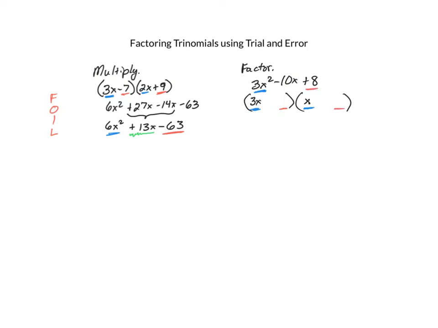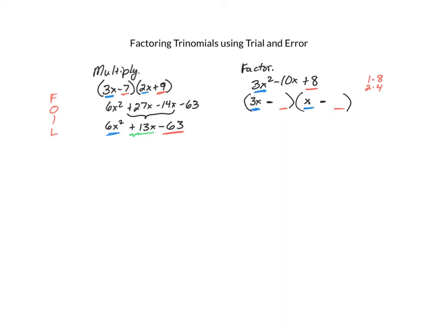And my choices are 1 times 8 or 2 times 4. And notice, because we're going to get a positive 8, I need to have both the signs be the same, either both plus or both minus. Well, I see that I need a negative 10x in the middle. That means they both better be minus, so I'm going to put those in.